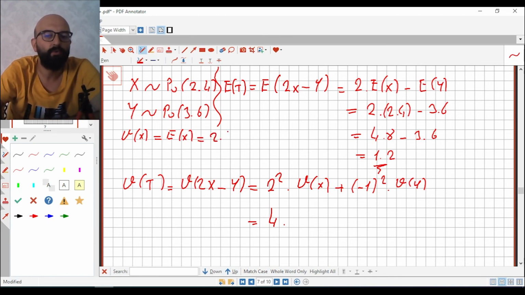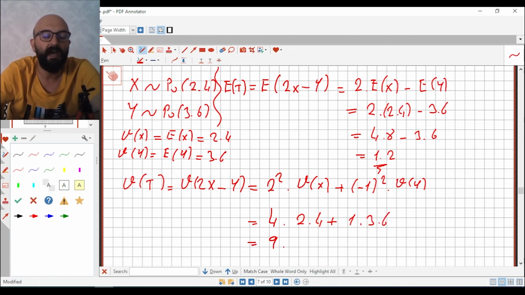For x it is 2.4, and the variance of y and the expected value of y are the same in the Poisson distribution. So it means 4 multiplied by 2.4 plus 1 multiplied by 3.6, which is 9.6 plus 3.6.